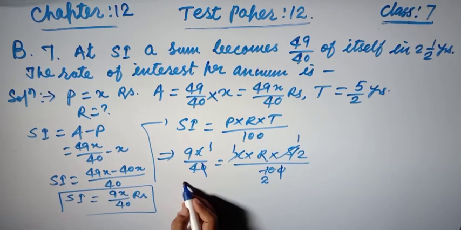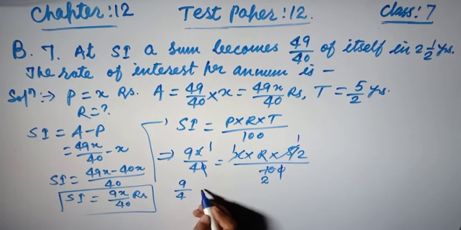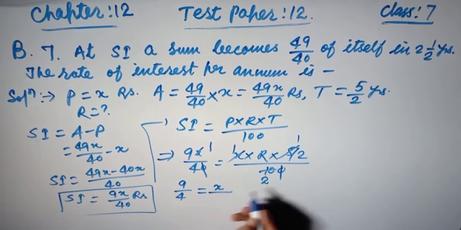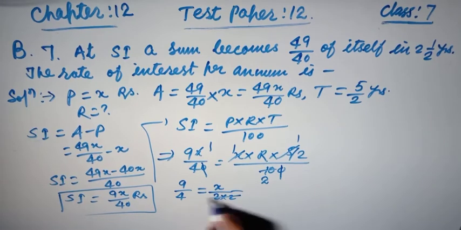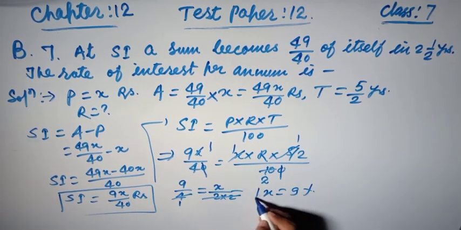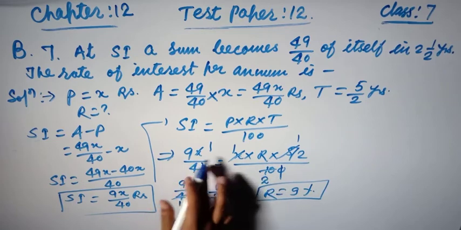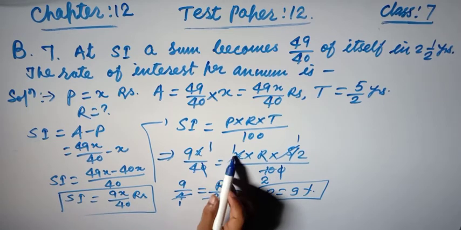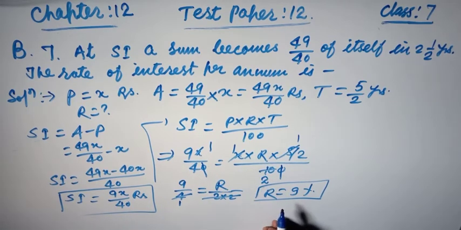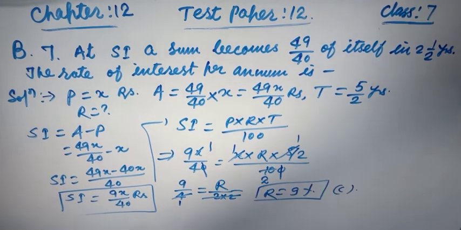Now this is 9 by 4 friends is equal to R divided by 2 into 2. So 2 will get cancelled one time. So R is equal to friends 9%. Now check friends, C is your correct option.